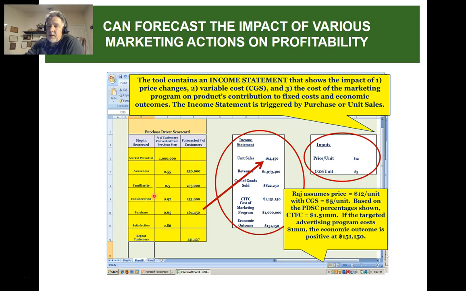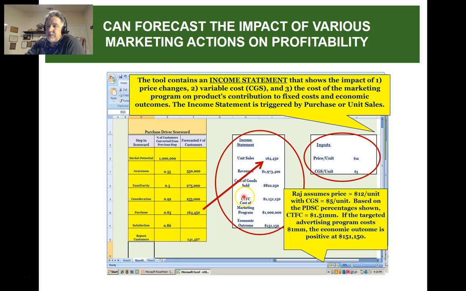First of all, you see the changes in terms of penetration, purchase driver, but what you start seeing here is we're linking, because we've linked the outcomes from the PDSC to the income statement. And so now you can see your front end, which is going to be your total unit sales and revenues, and basically you can put it to gross profit because it's revenues versus cost of goods sold.